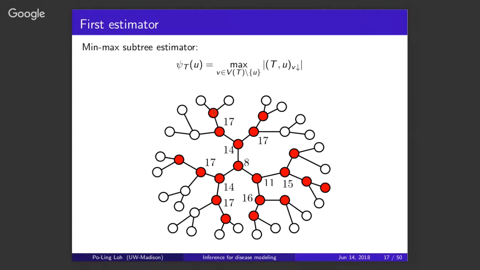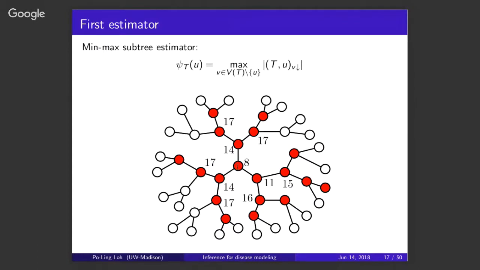That's simply because you disconnect that node from its neighbors, and you still have a tree, and that tree has the same number of nodes as before, minus 1. And so as we can see, the periphery of the tree will have larger values of the criterion, whereas the middle of the tree will have a smaller value, simply because it's breaking up the tree into lots of different parts.